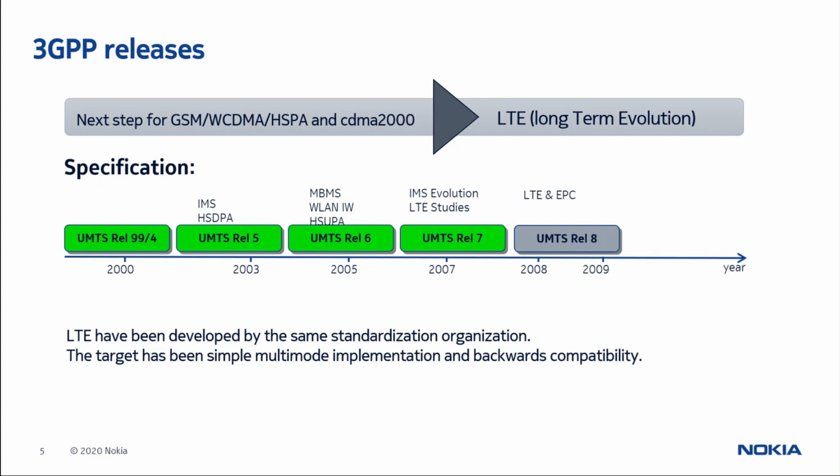And then when the ecosystem developed, how LTE got formally announced in 2008, what we call UMTS Release 8. So all these technologies which evolve are mapped under particular releases.